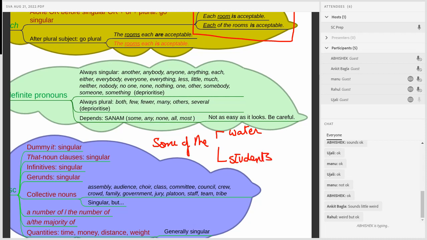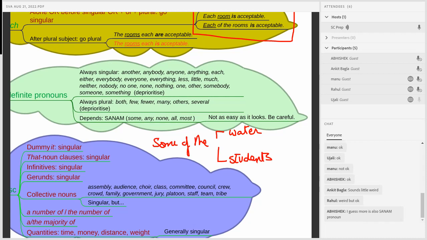I haven't put a complete sentence over here, but just to help you see what I'm trying to say, some of the water, some of the students, right?